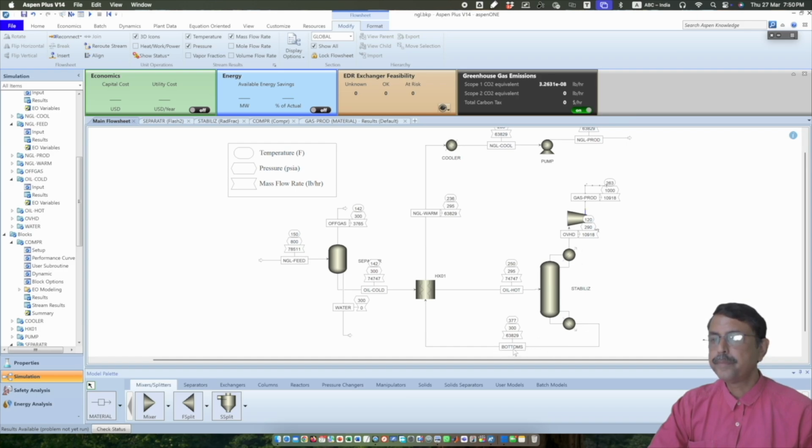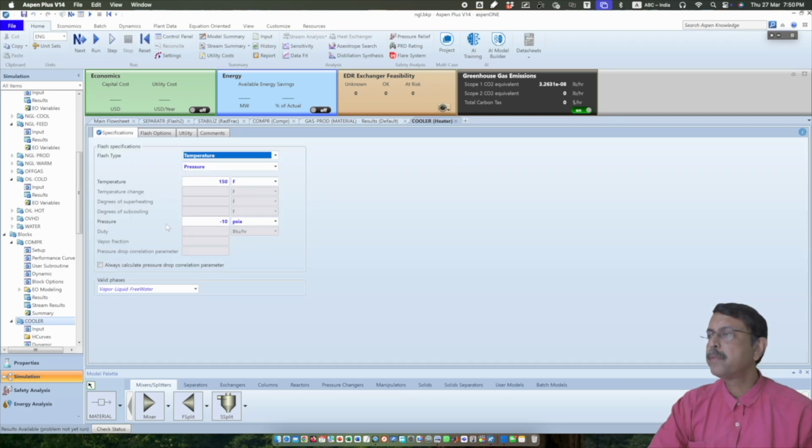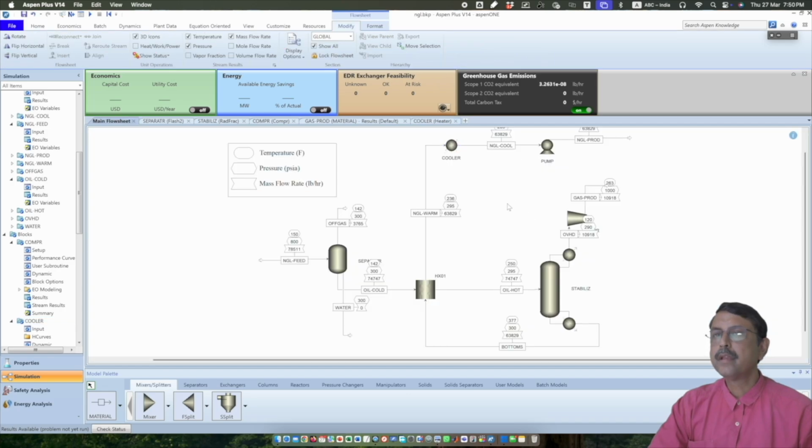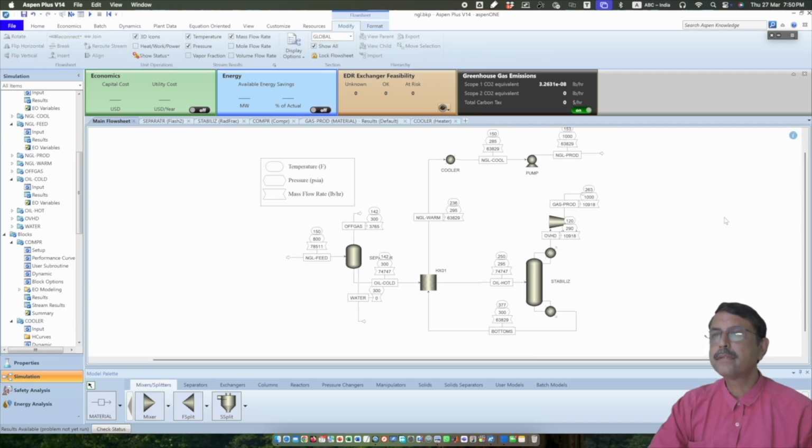Anyway, this amount of oil is getting cooled over here. There is a pressure drop of 10 psi and the temperature is reduced to 150 Fahrenheit. It was from 236 to 150 Fahrenheit and from 295 psi to 285 psi.